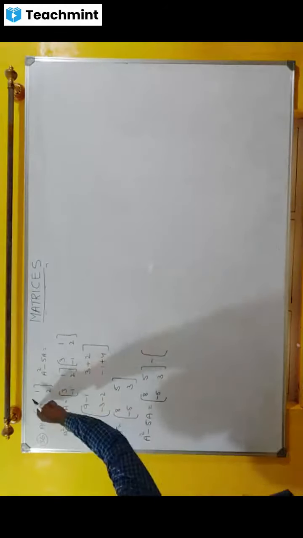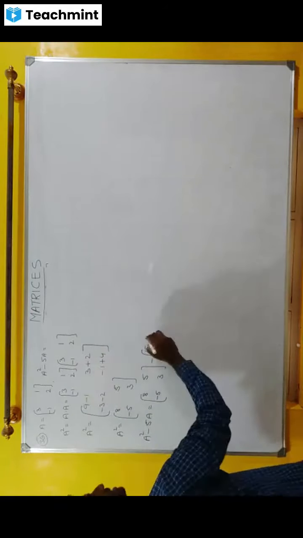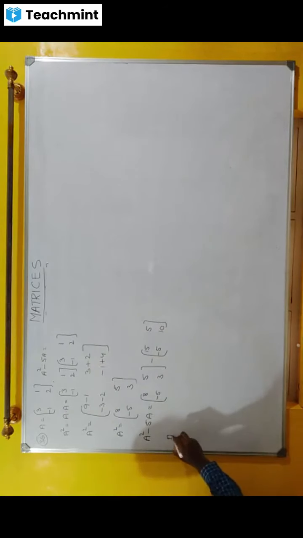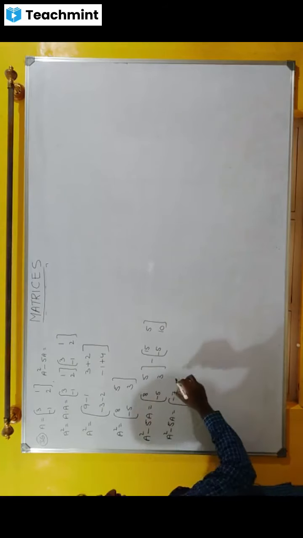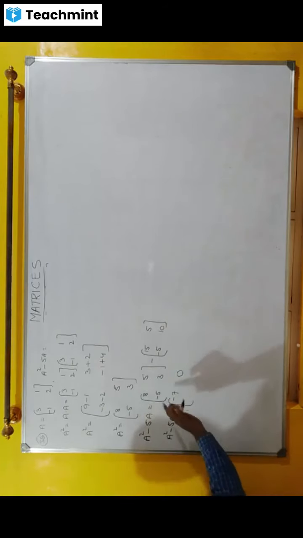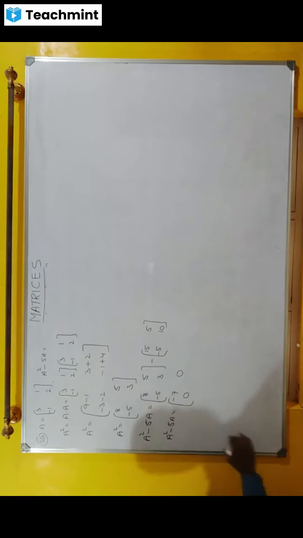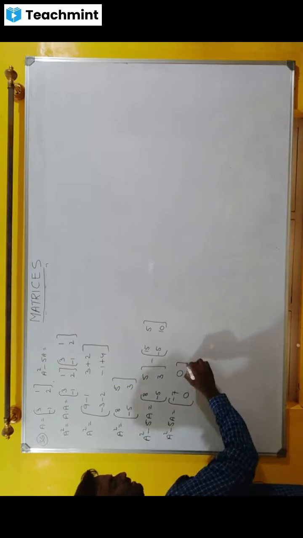Then 5 threes are 15, 5 ones are 5, 5 into minus 1 is minus 5, 5 twos are 10. Now subtract. A square minus 5A is equal to [8 minus 15, minus 7; 5 minus 5, 0]. Minus 5, minus of minus, plus 5 cancel, 0. 3 minus 10, that is minus 7.